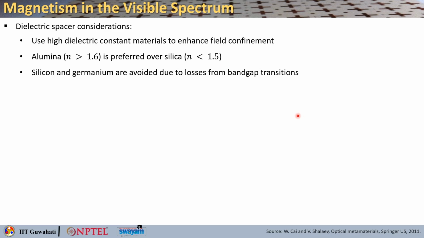And also note that semiconductors with high dielectric constants such as silicon and germanium should not be used for visible light metamaterials because of the substantial loss caused by electron transition across the band gap.